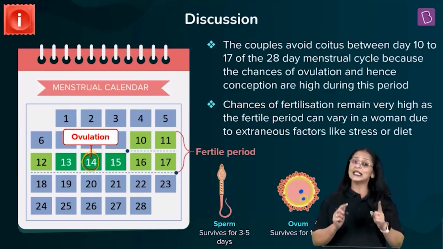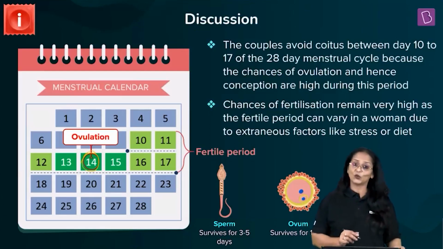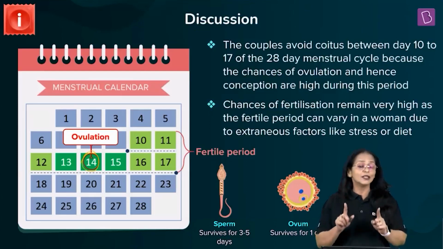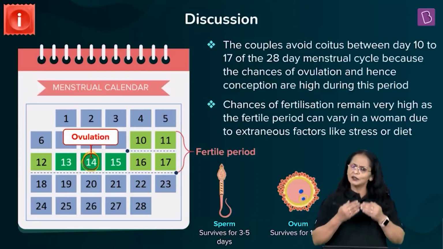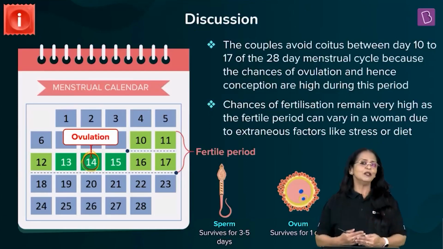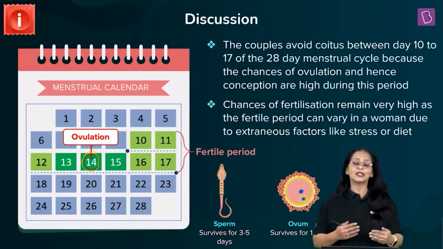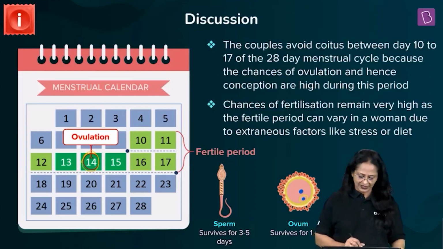Because fertilization can take place, which is why this time between the 10th and the 17th day is called the fertile period, and the couples abstain from coitus without any contraception during this period.